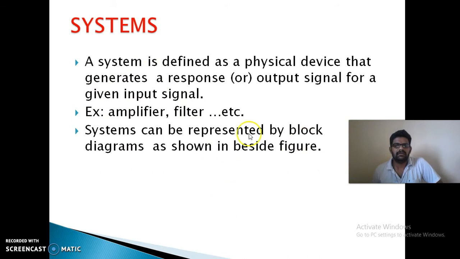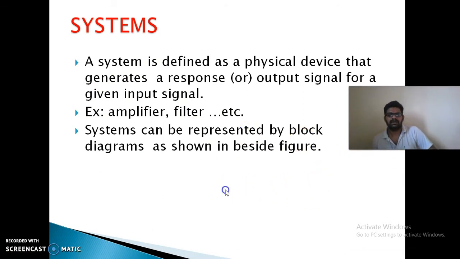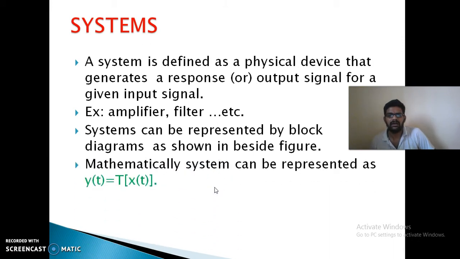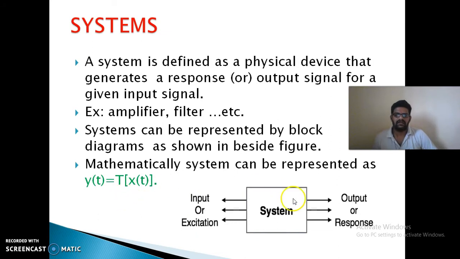A system can be represented using a block with inputs and outputs. A system is mathematically defined as y of t is the output, x of t is the input. y of t is equal to T of x of t, where T is the transformation. Some operation has been performed on x of t, which has given y of t as an output. So this is the block diagram of a system.